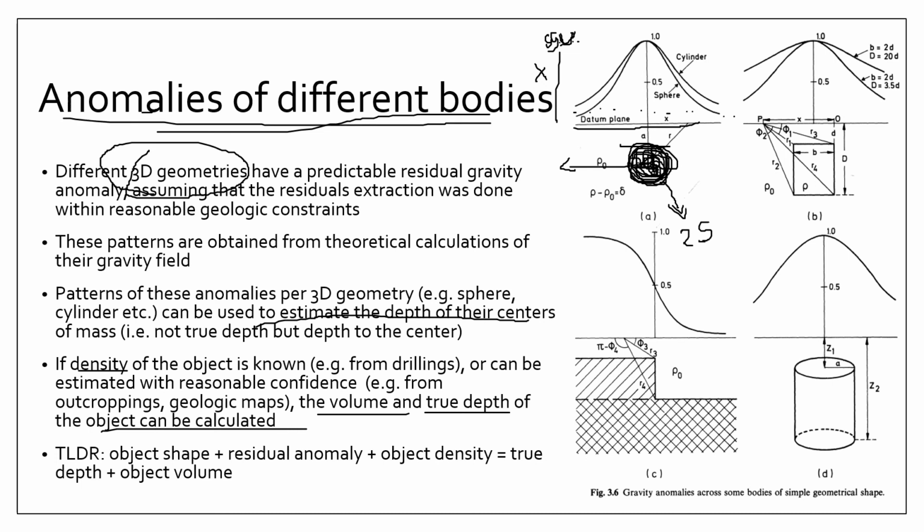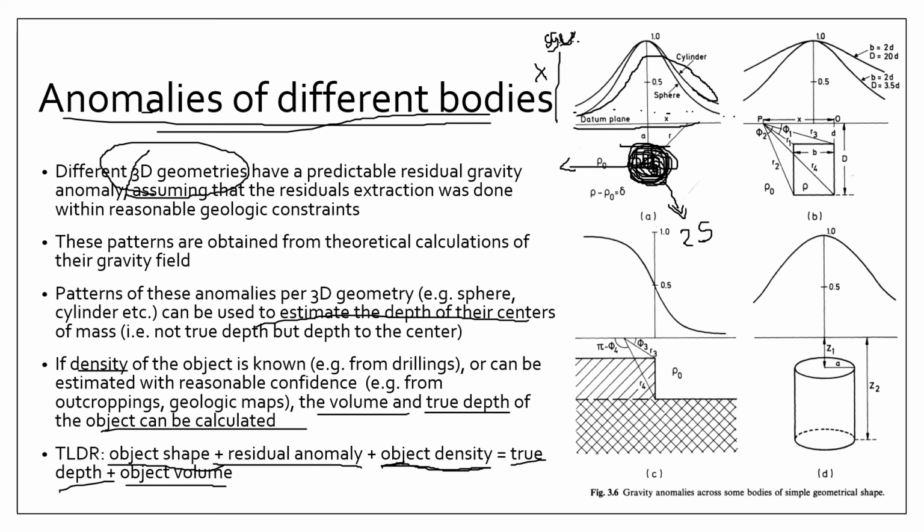So, summary: if you know the shape of the anomalous body, and you have a residual anomaly profile, and you know the density of the anomalous object, you can calculate the true depth and the volume of the object from your gravity data.